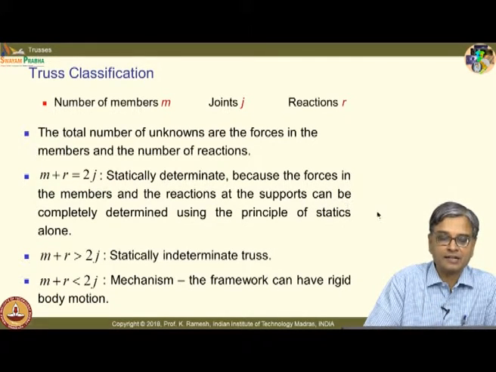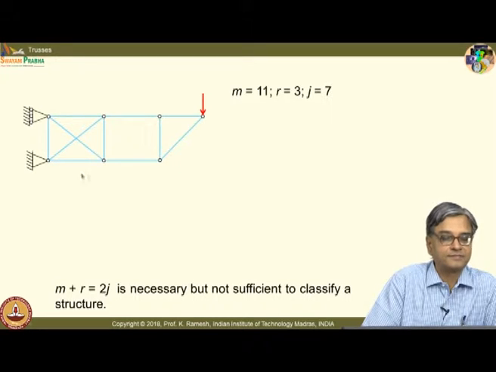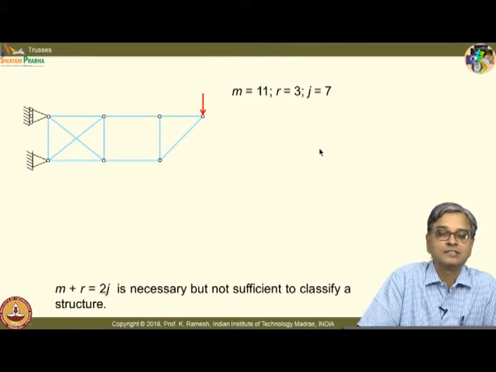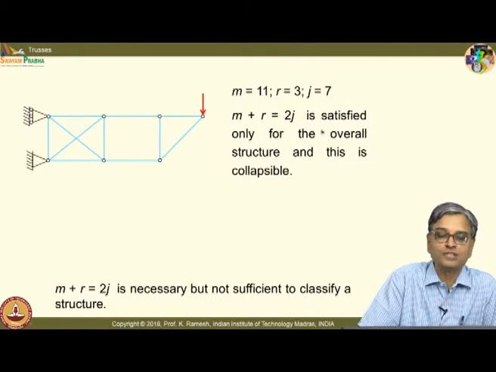Suppose I take a truss like this. I have the number of members as 11: 1, 2, 3, 4, 5, 6, 7, 8, 9, 10, 11. How many joints do I have? 1, 2, 3, 4, 5, 6, 7 joints. And I have one side supported by a pin joint, the other side supported by a roller. So m plus r equal to 2j is satisfied.